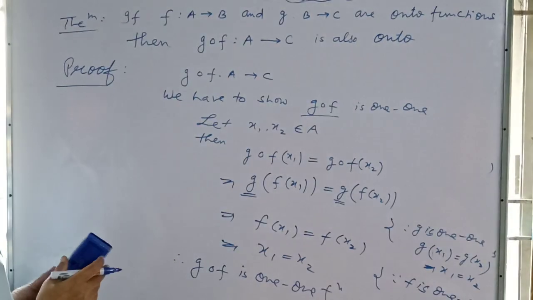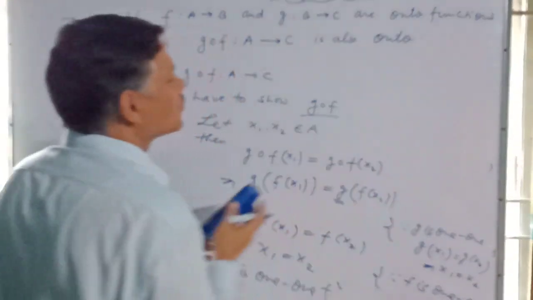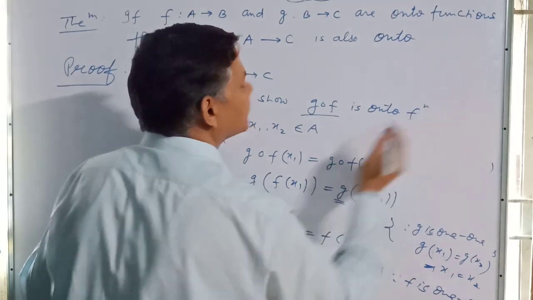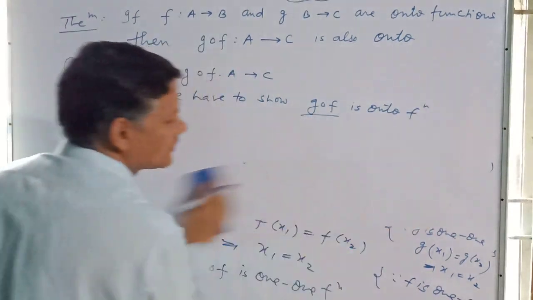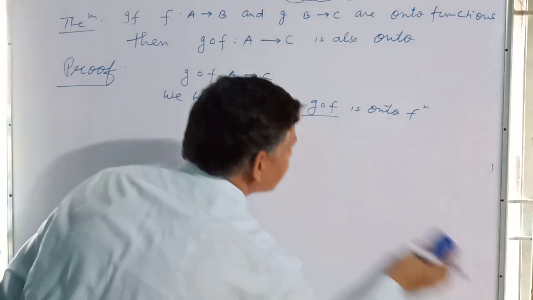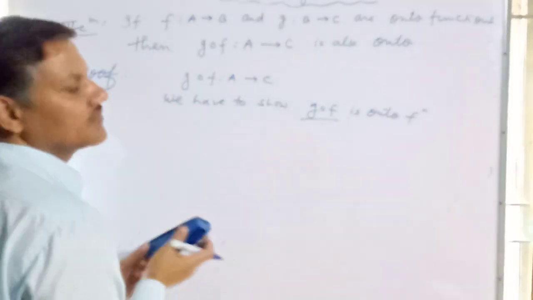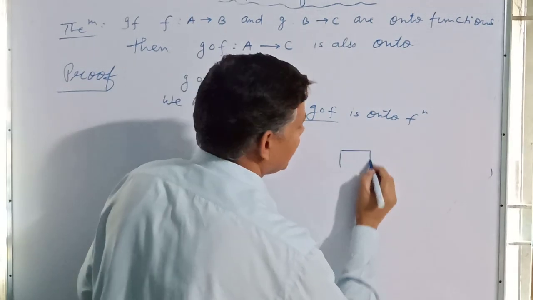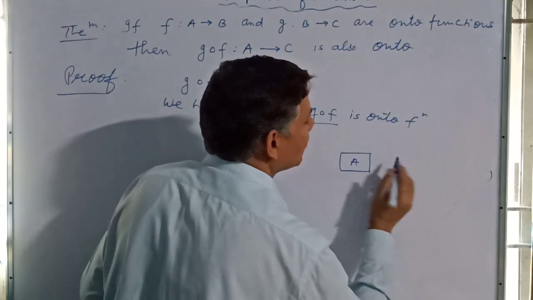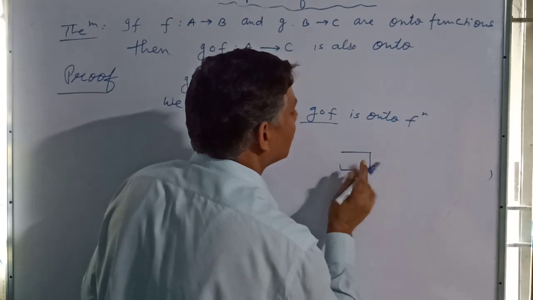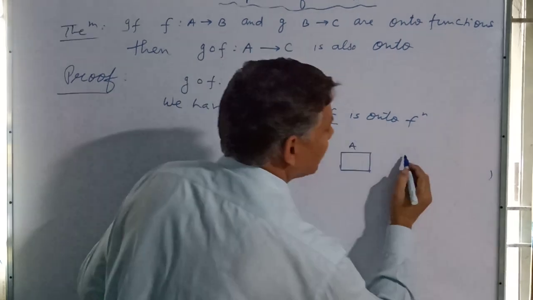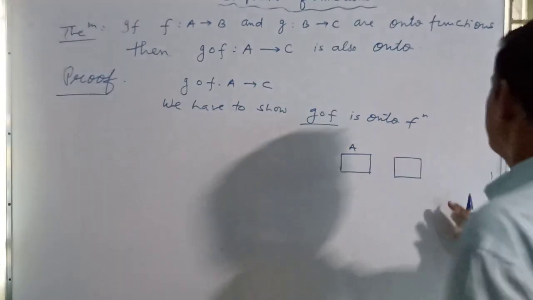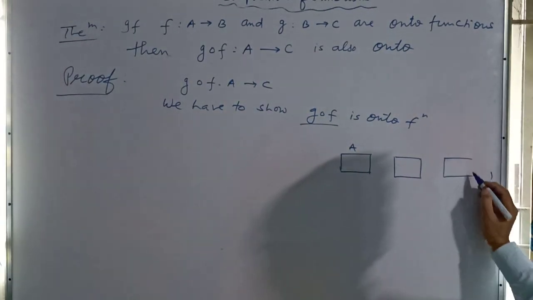So this is the function, and we are required to show here that it is an onto function. Onto means, just set the function. This is set A, this is set B, and this is set C.